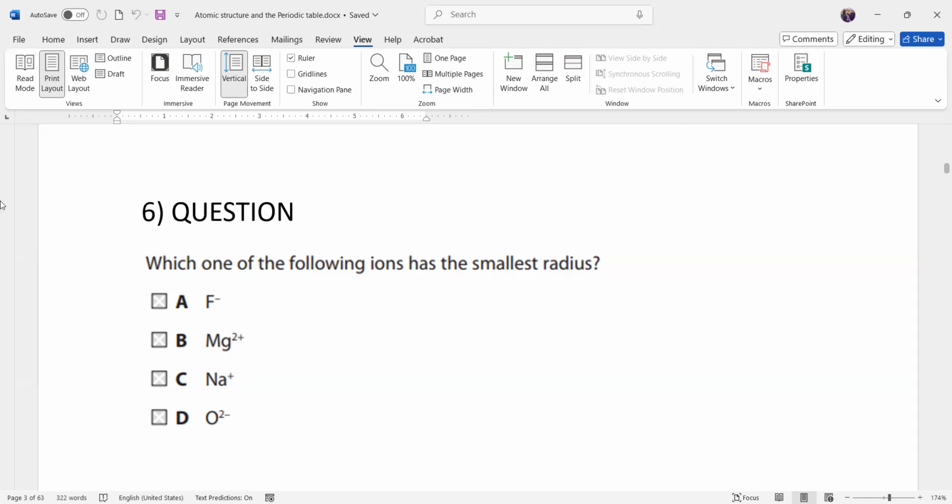In the exam, you will have the periodic table. Right now, I'm telling you this will have 9 protons, this will have 12 protons, 11 protons, and 8 protons. To have the smallest radius, it should have more protons than electrons, so a stronger nuclear charge or stronger attraction.